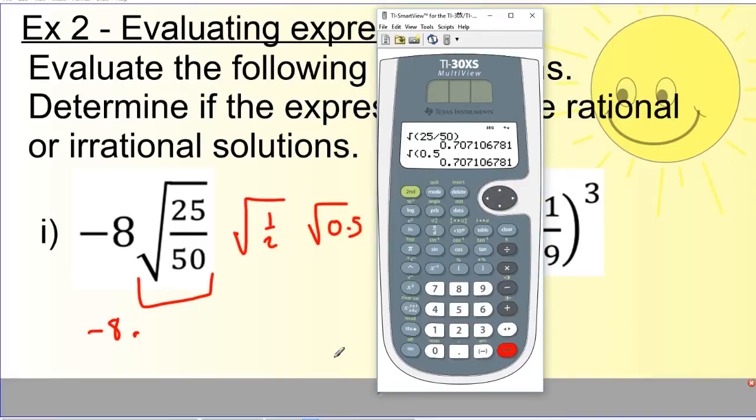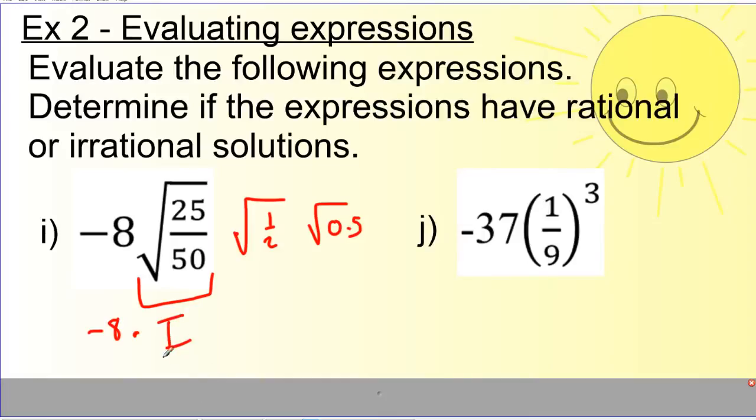That is not a fraction. If there's a fraction inside, that doesn't count if it's inside the square root. You have to take the square root of it, and then afterwards, if you can still make it a fraction, then it's rational. So all my evidence, my ugly decimals: when you take the square root of something, if you don't get a perfect answer, it's going to be irrational. This is an irrational number.